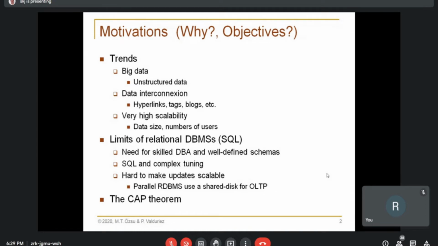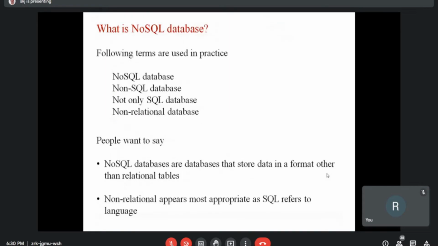Later on it came to be known that if we relax one condition, one property out of these three, then we have many easy solutions for database management. By relaxing one condition out of these three, we have developed so many NoSQL databases.